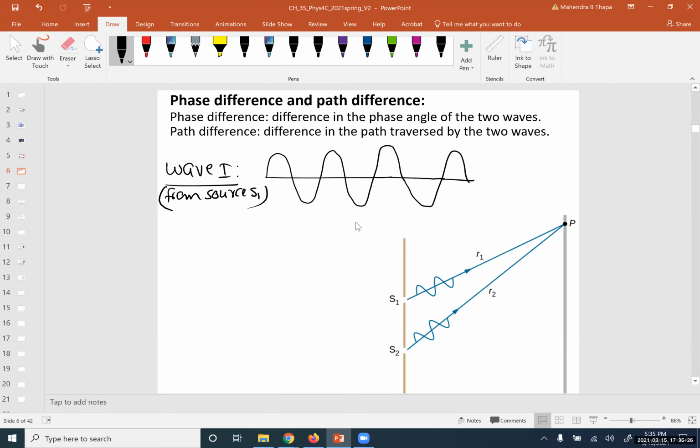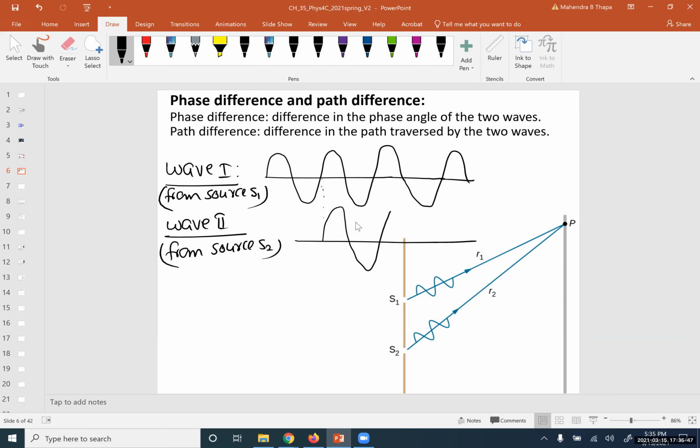And I have the other wave, the second wave, from source S2. We are just assuming that the second wave started from this point. See the difference here.